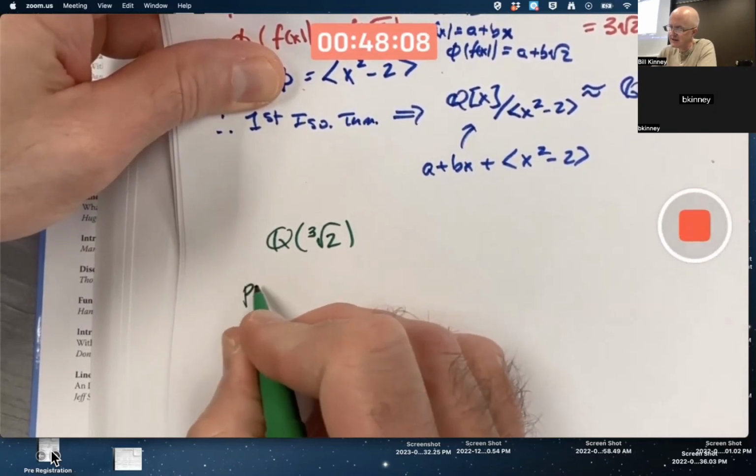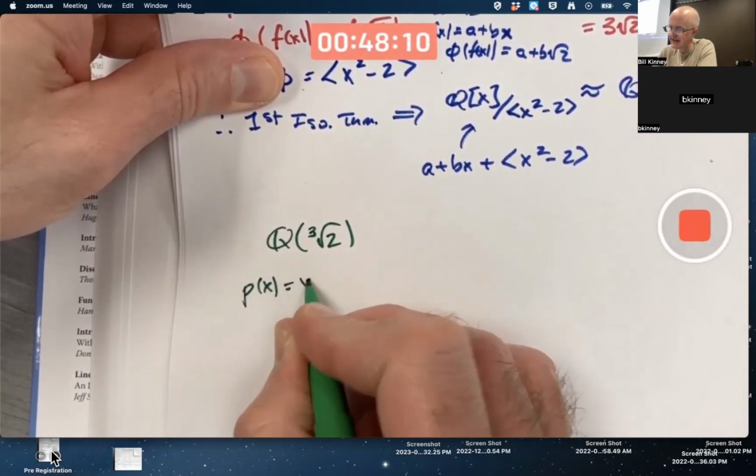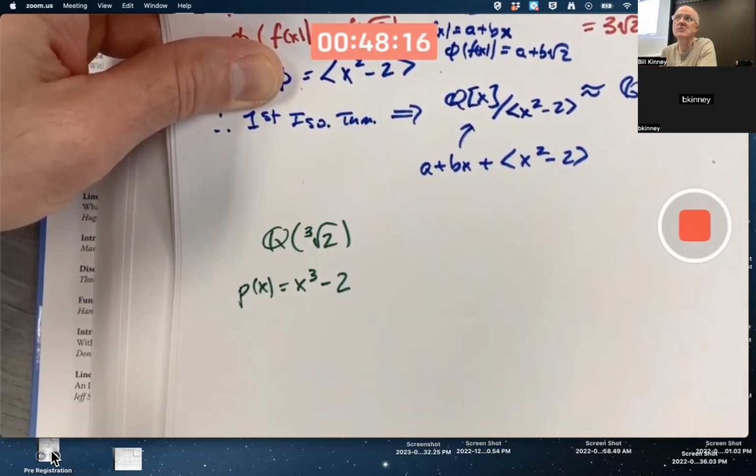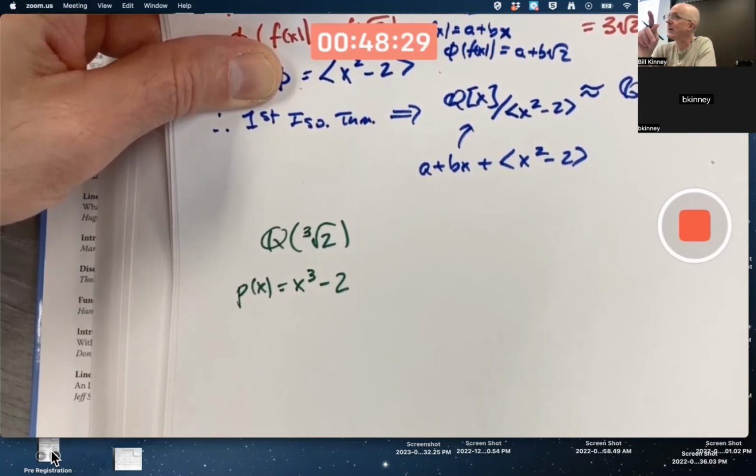Cube root of 2 is a root of P of X equals X cubed minus 2, which is irreducible over Q by Eisenstein with p equal to 2. It's not irreducible over the reals.